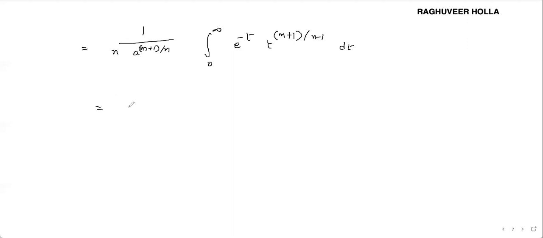Or 1 by n into a to the power of (m plus 1) divided by n, gamma function (m plus 1) by n, provided this is greater than 0.